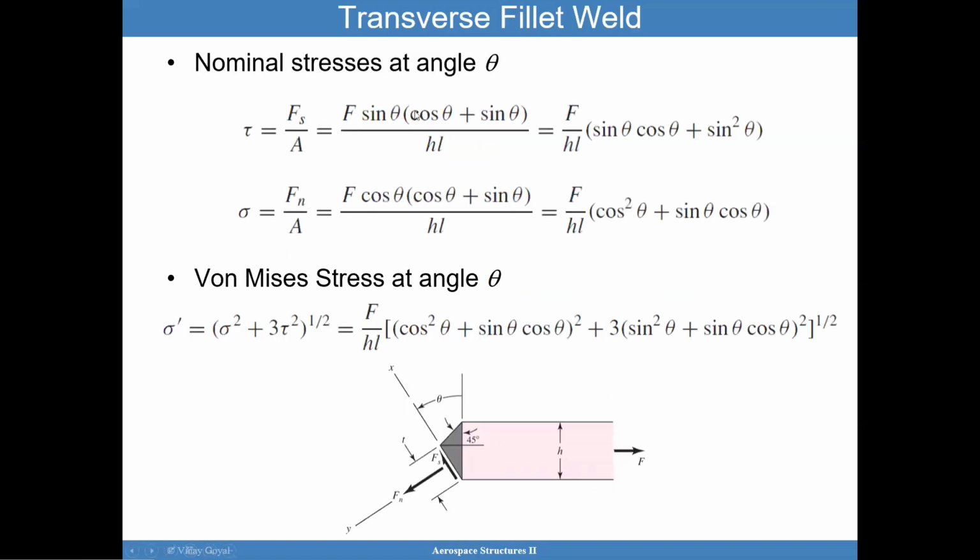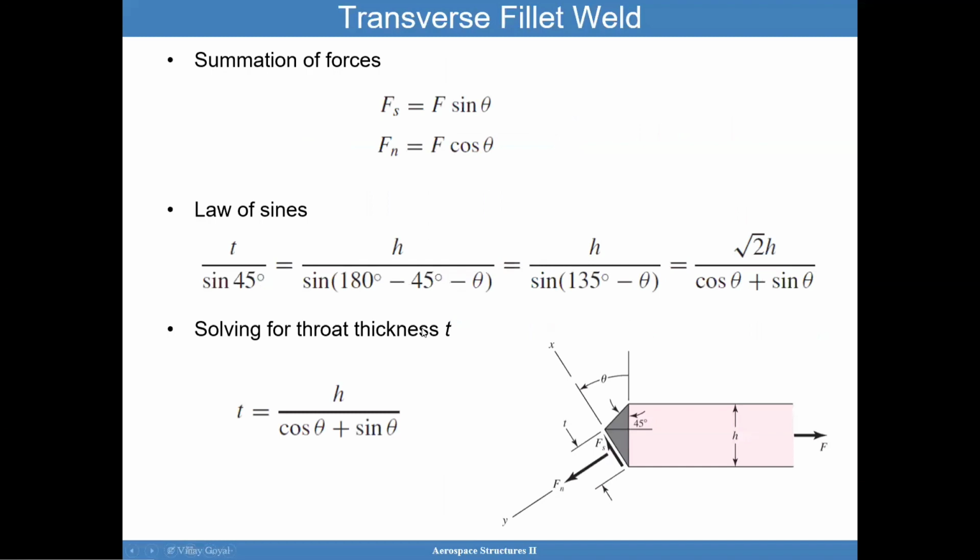And then the nominal stresses at an angle theta become Fs divided by A. And so you can calculate A fairly simply. And then you're going to get this formula for these. So Fs is F sine theta, and then A is HL divided by cosine theta plus sine theta. Okay, so what we've done is we've applied this formula right here.